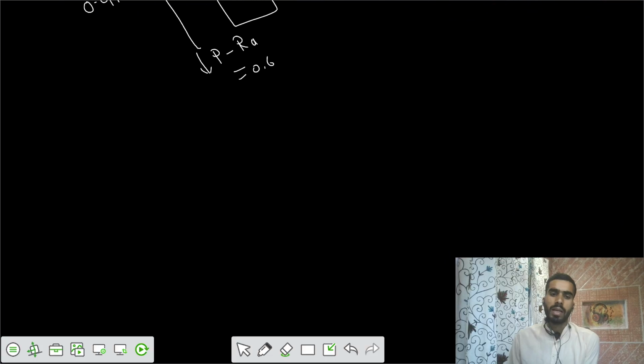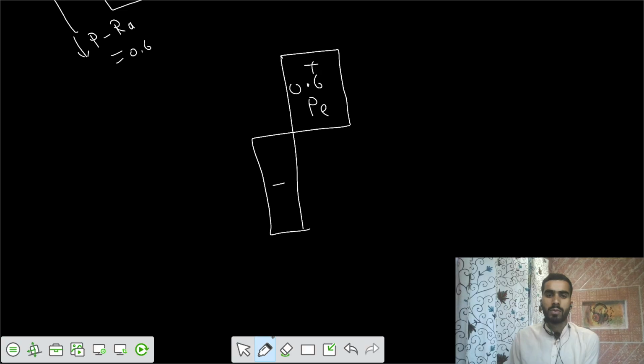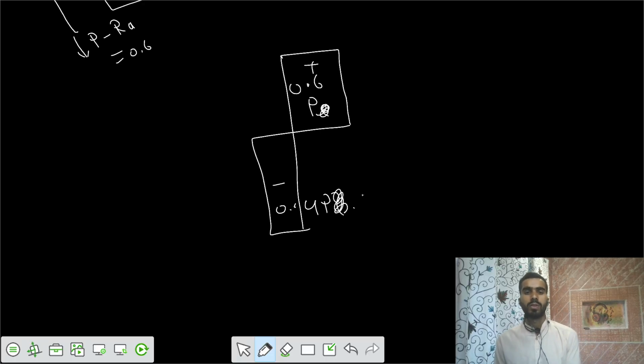Now to make the combined axial force diagram, this was your line, this was your column. In the first part, there is positive tensile of 0.6 P, and in the next part we have compressive of minus 0.4 P, not PE, this is P. Okay, this is your axial force diagram.